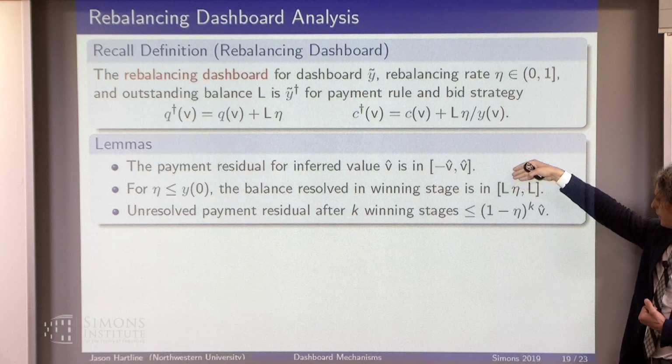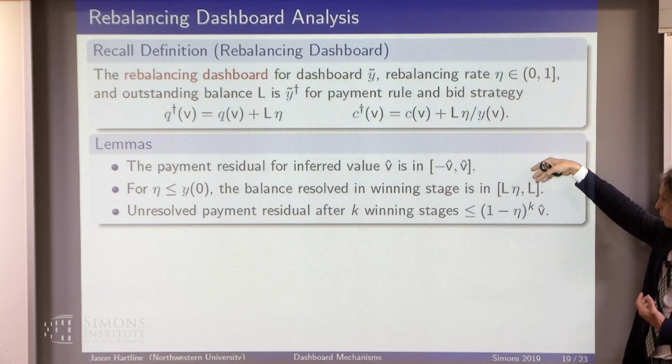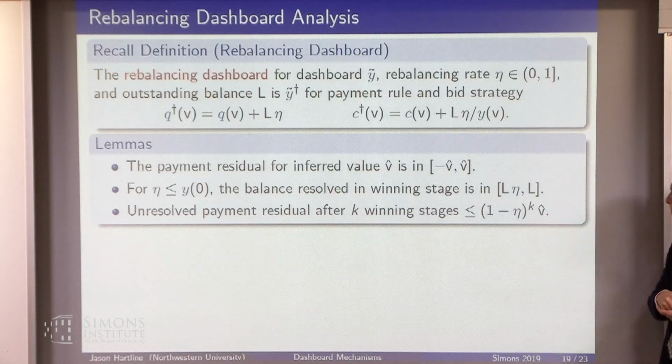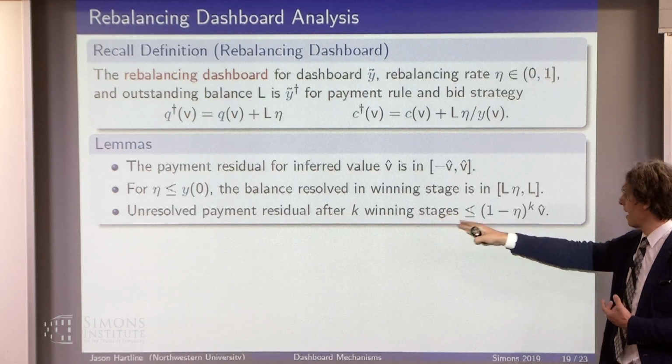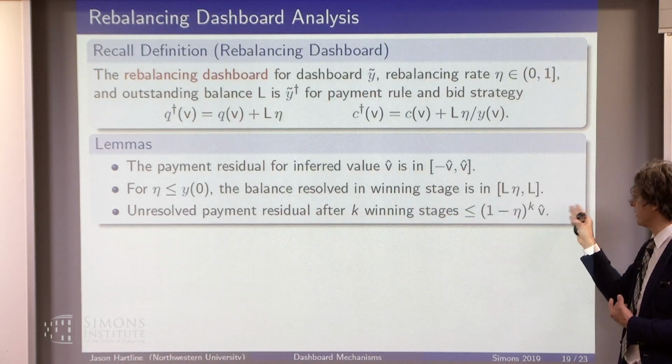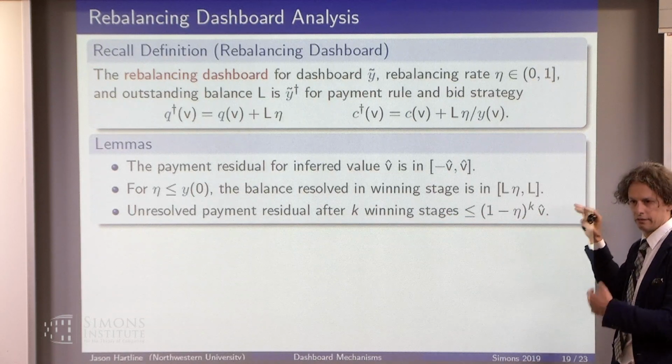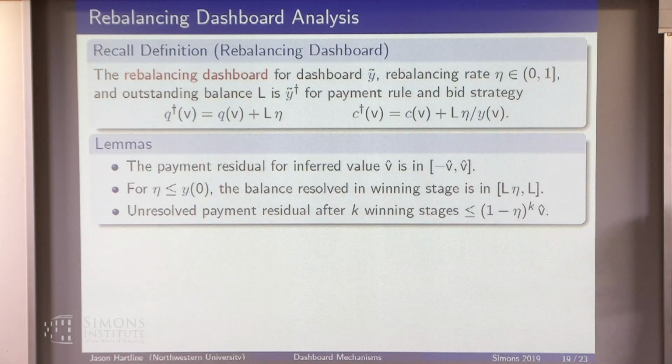So the amount we resolve is between some lower bound and some eta less than 1, and the total balance. And that unresolved payment residual from round K after K winning stages decreases exponentially.